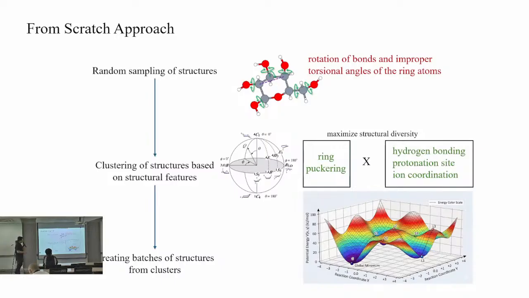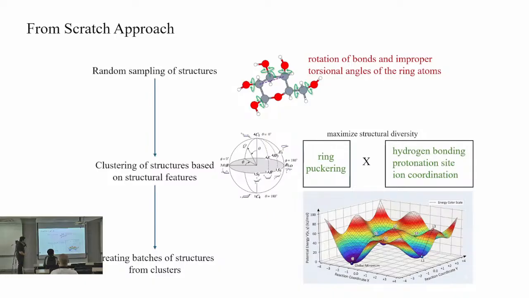We can look at hydrogen bonding, protonation sites if it's a protonated system, or even ion coordination if we're using ions in our system. So the idea here is that we want to maximize structural diversity. When we generate our data set, it should have structures that are very distinct from each other and as much as possible covering most of the potential energy surface.